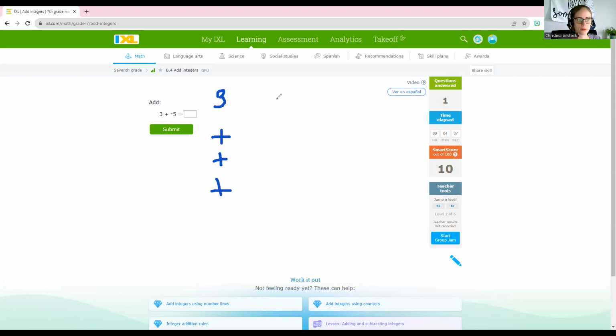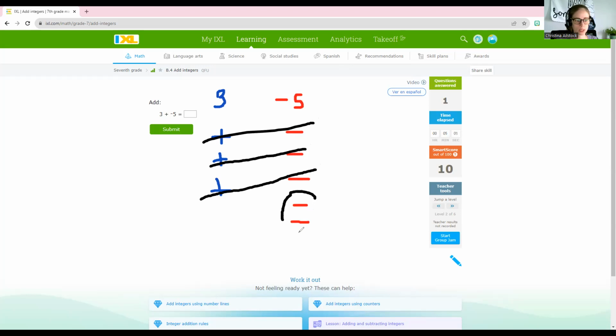And then we have 5 negatives, 1, 2, 3, 4, 5. We can combine our zero pairs here. A positive and a negative cancel each other out. They make a zero pair and equal nothing. So that cancels out. Here's another zero pair that cancels, another zero pair that cancels. And what are we left with? We are left with 2 negatives.